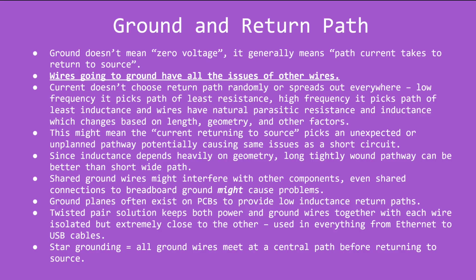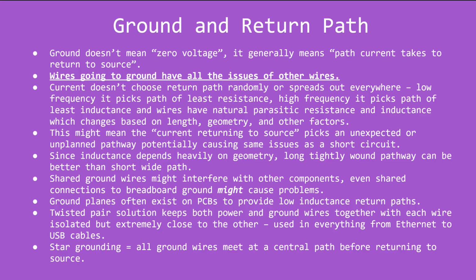If you'd done every circuit I did for Ohm's law, and you tried something in real life where you just kind of left the ground wire going to somewhere random, thinking that was going to work, it actually doesn't. You'll notice that ground actually has to go back to the source. Now, the current doesn't just choose a random return path or spread out everywhere. With low frequency, it tends to pick the path of least resistance, while at high frequency, it tends to pick the path of least inductance.